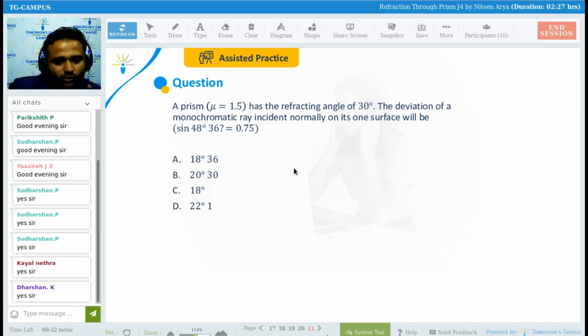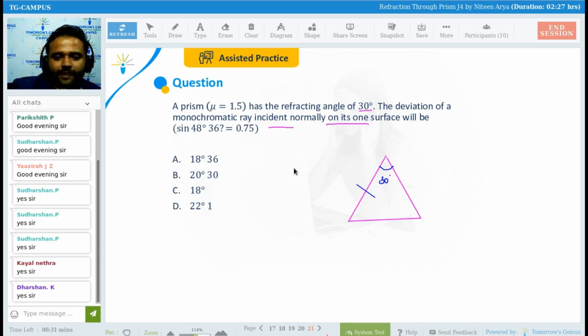One more hint I can give you. As you can read, a prism of refractive index mu has a refracting angle of 30 degree. The deviation of a monochromatic ray incident normally on its one surface. This is my prism, and that is your 30 degree. If I draw, this is my normal.